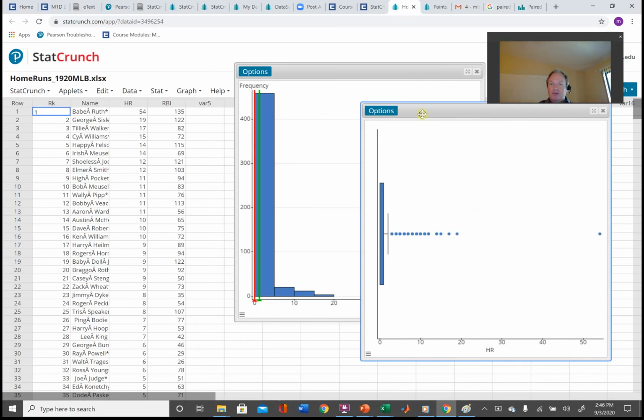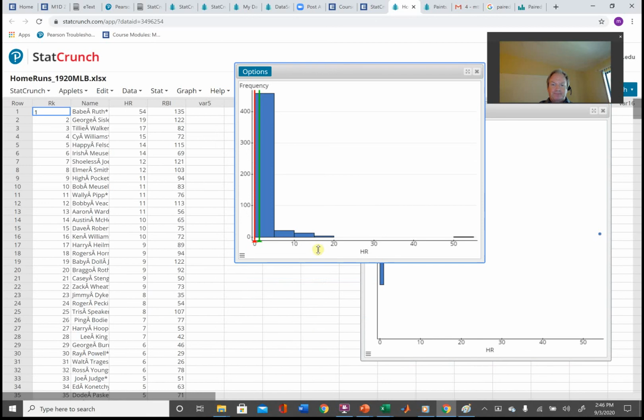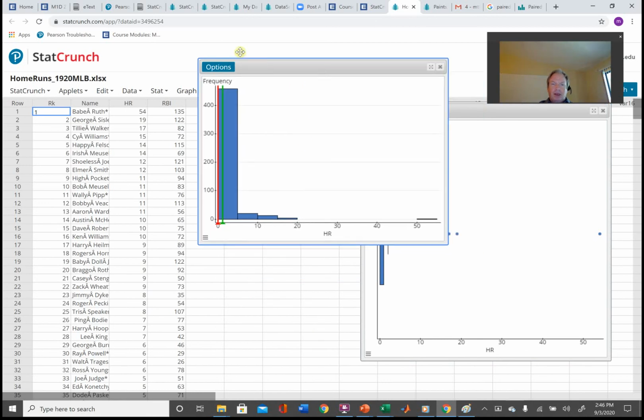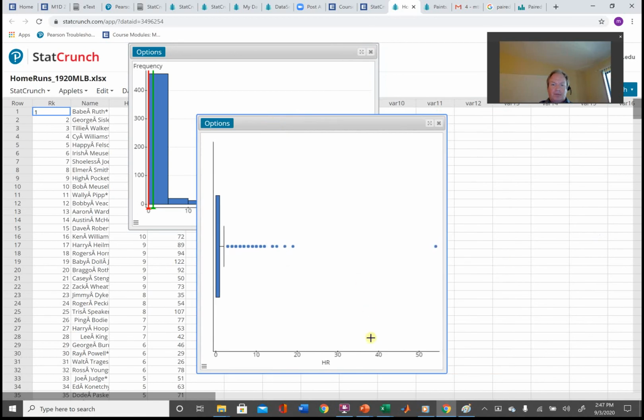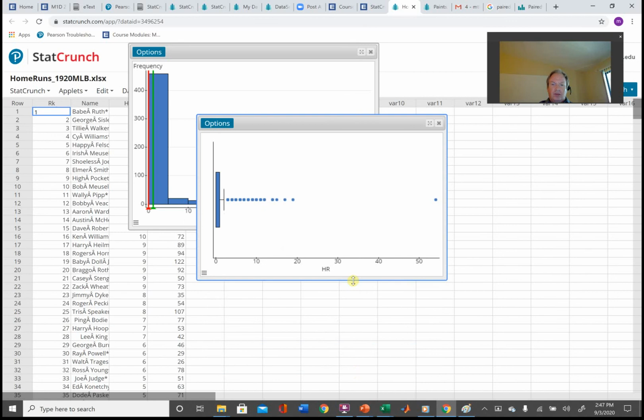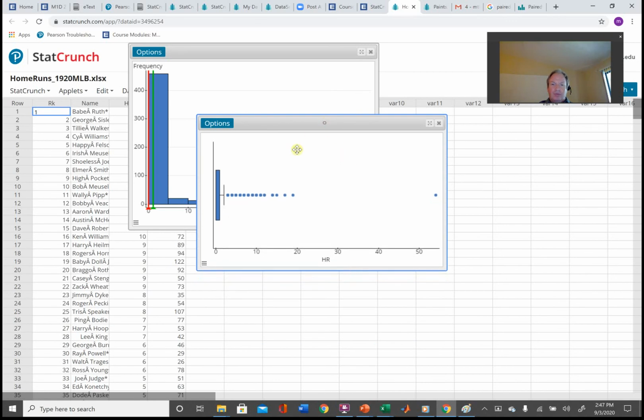And again, these are just two different views of the same data. And we can see that there's clearly an outlier. So one individual hit 54 home runs, and that was Babe Ruth.